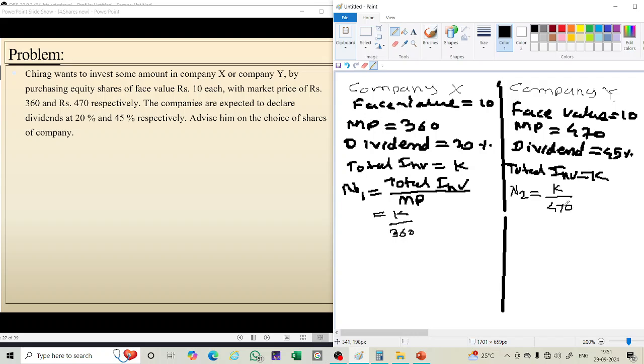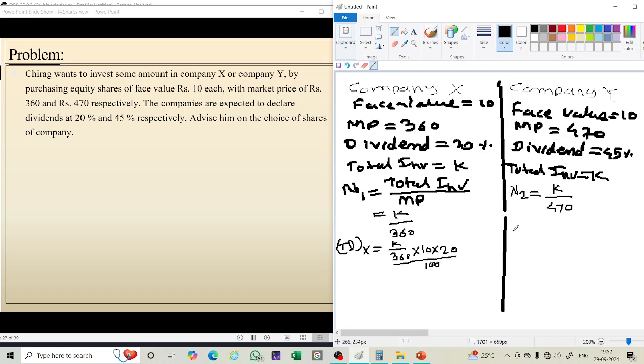Now we will find the total dividend of company X. So total dividend of company X we consider TD of X. We know our formula to find total dividend, that is number of shares, that is K divided by 360, into face value. They have given face value for both, which is 10, number of shares into face value into rate of dividend, which is 20 divided by 100.